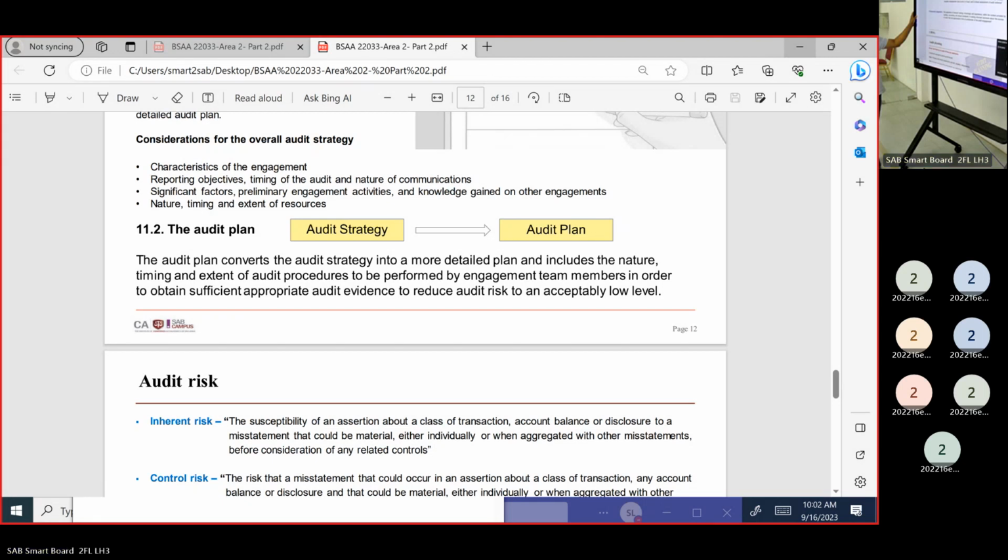So if you have a time deadline, you can decide whether you are going to do an interim audit or not. Interim audit and year-end audit. If we are doing an interim audit, we can have a kind of effective year-end audit. It's a kind of time saving, right? To do an interim audit.